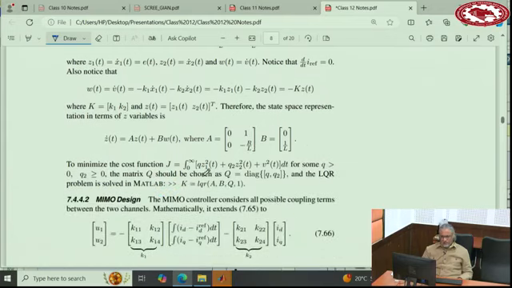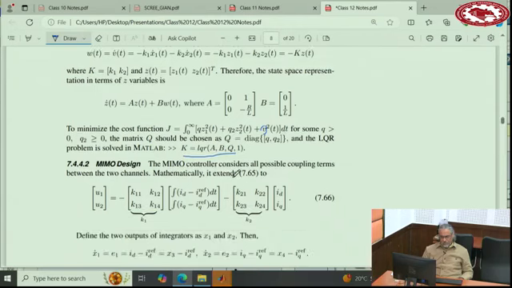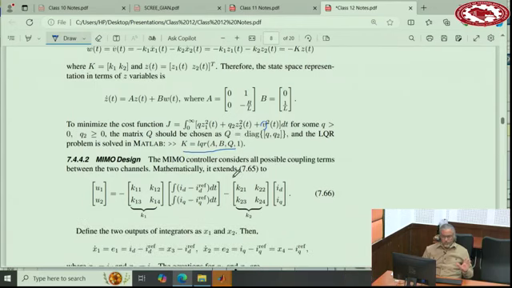And then the cost function will be Q1 times the tracking error squared plus Q2 times the derivative of current squared. And this is the derivative of the modulation index. And then you run LQR, and then you increase Q until the poles are settled. So for SISO, there should be no problem in terms of doing it.